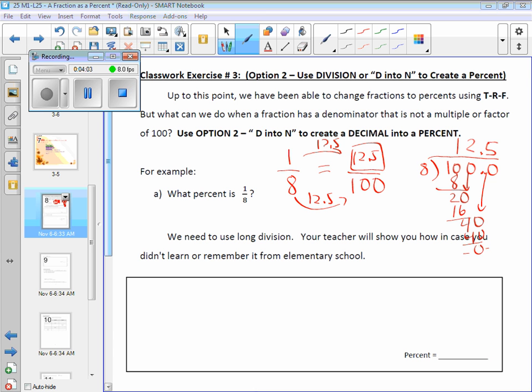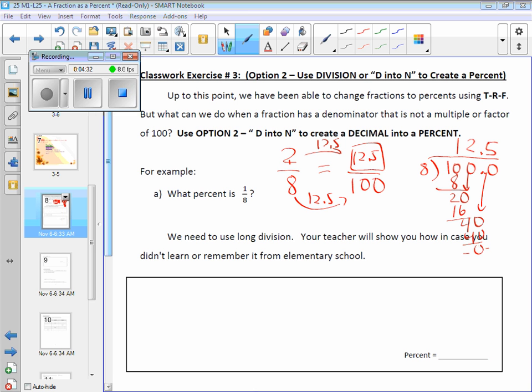Just to see if you could follow through with the concept. No, 12.5 times something, but not 8. If this were a 2, you would get 25. What if it was a 3? 3 times, 4 times. So you get that idea.